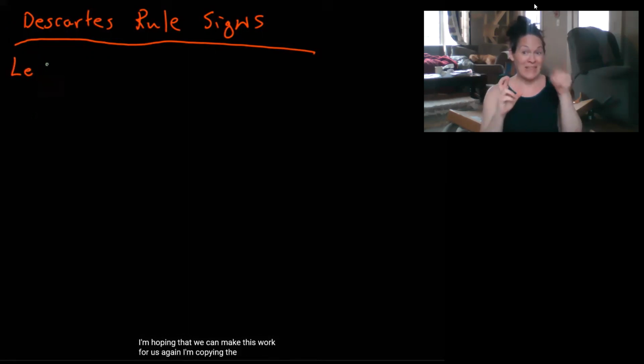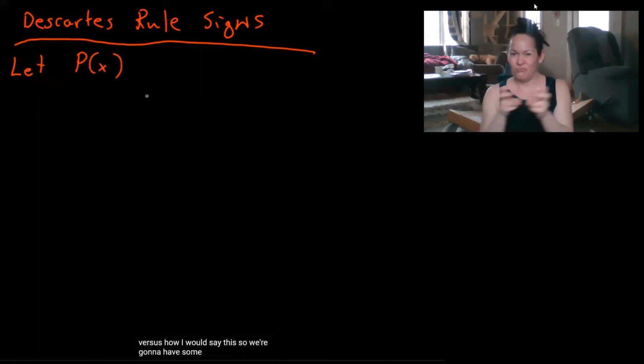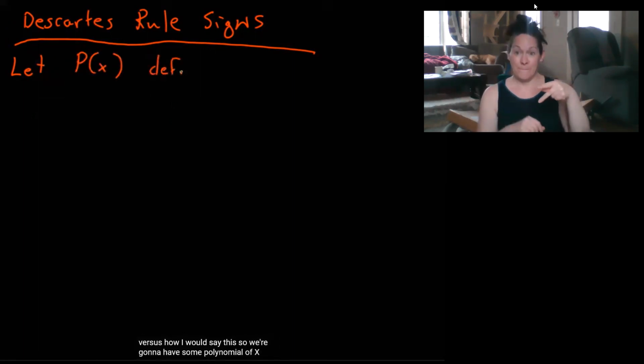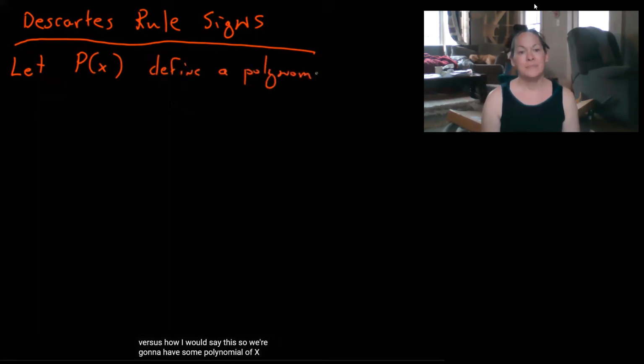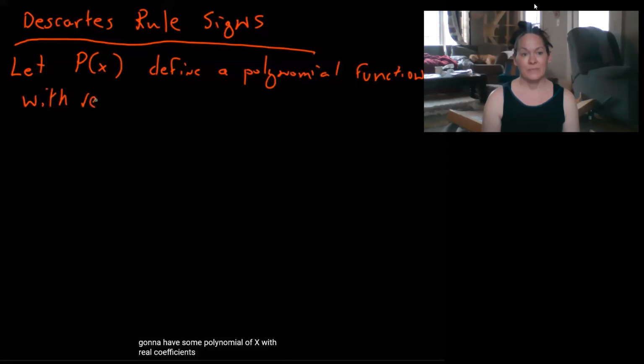Again, I'm copying the book here versus how I would say this. So we're going to have some polynomial of x with real coefficients. So we're not worried about if they're integers or not.